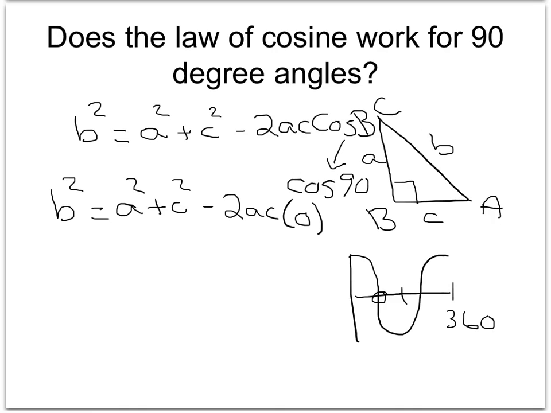This works out really nicely because 0 times anything is 0, and that whole piece goes away. And I'm left with b squared equals a squared plus c squared, which, even though it's in a slightly different format, is the Pythagorean theorem, which we learned a long time ago works for all right angles. So basically, we just used the law of cosines to prove that the Pythagorean theorem is still true.